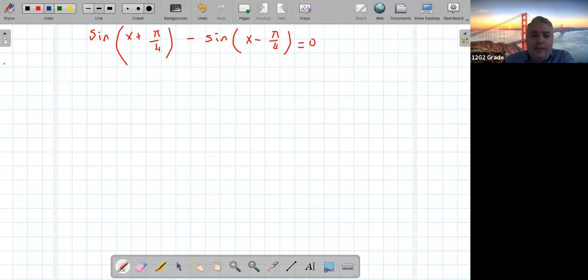I know that sine of x plus y, how can I open this? It will be sine of x times cosine of y plus cosine of x times sine of y. So I will use this. So let me use it.